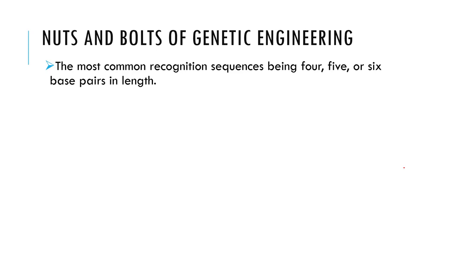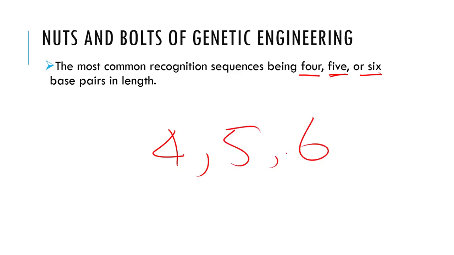Now let's take a look at some of the recognition sequences which are used by the restriction enzymes. What is the length of the base sequence which is recognized by a particular enzyme? It can be a 4, 5, or 6 base sequence. This is the usual number.